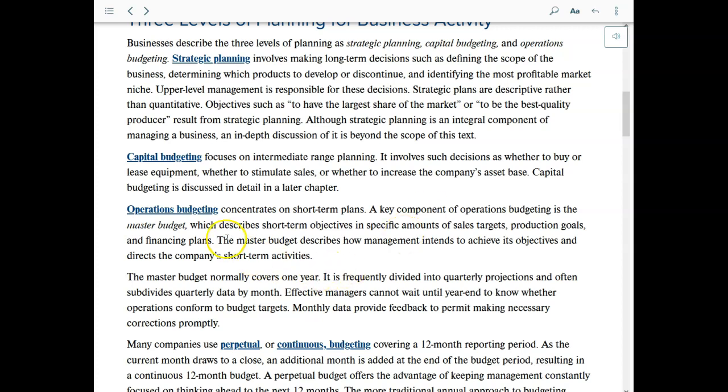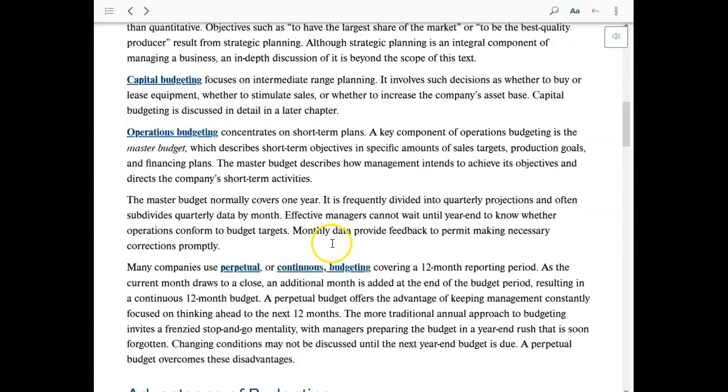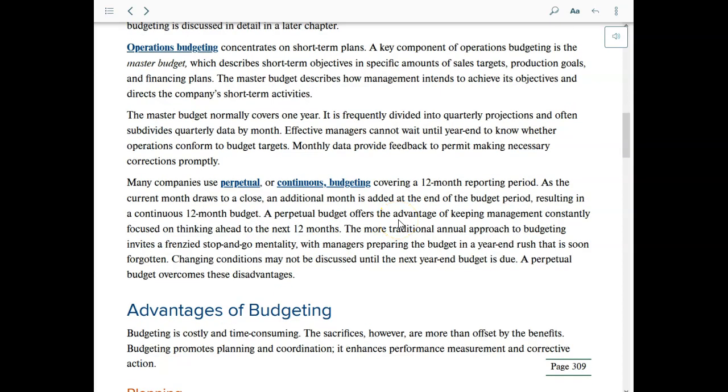This chapter is going to talk about operations budgeting. Even though it says short-term plans here, it could be for not just a year, but several years, if you want to think of it that way. A lot of companies will have budgets month by month. And what they'll do is for every aspect of their business, they will budget for that, whether it's sales, cash flow, production, whatever.